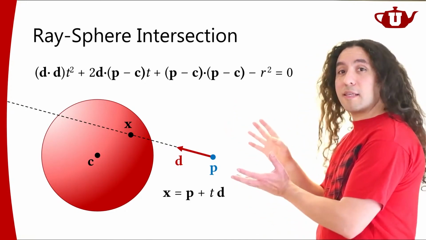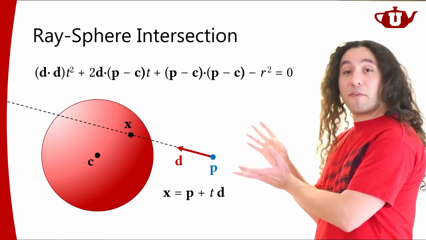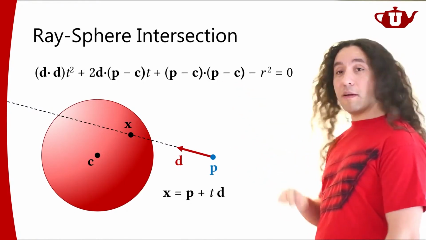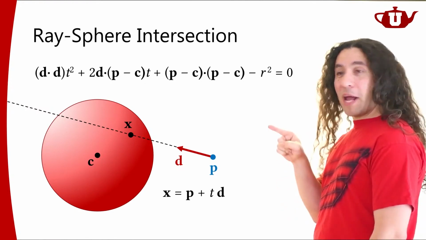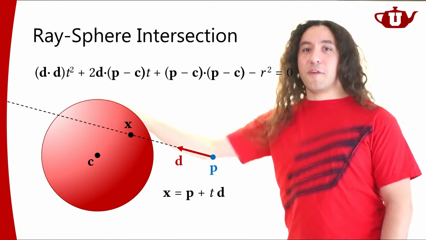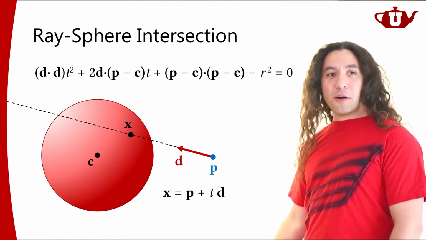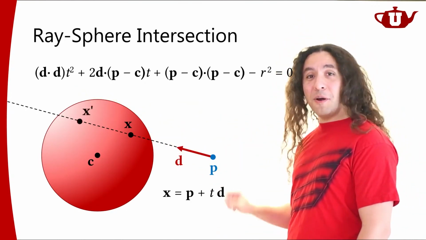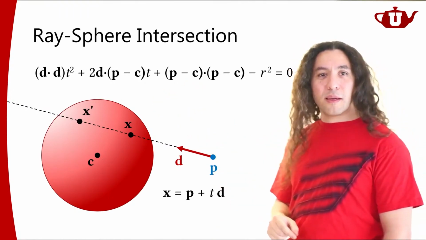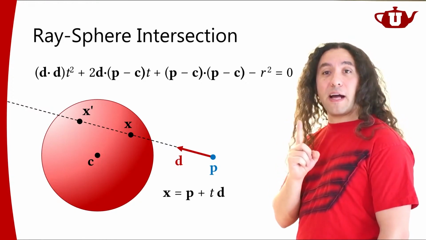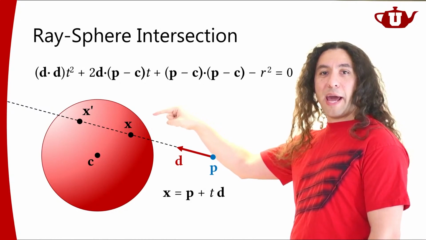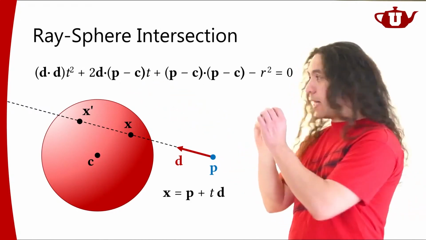If you look at this geometrically, it makes perfect sense, because if I have a ray that goes through a sphere, the ray will go into the sphere from this point, and it will come out of the sphere from the other end. So there's going to be another t-value where the ray comes out, corresponding to another point. What does it mean if I have a single root? It would mean that these two points, x and x prime, are actually one point.